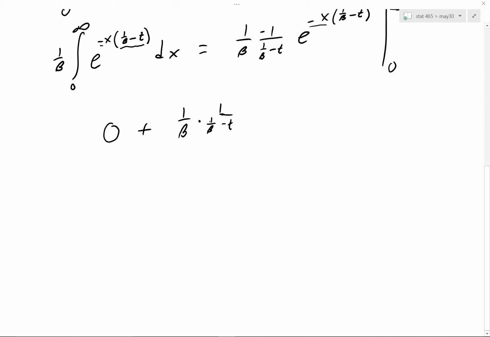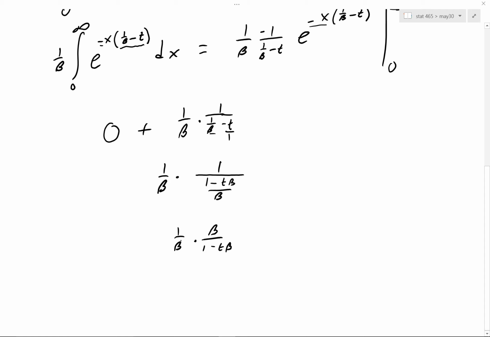There we go. Now, what would be really cool is if I could rewrite this and make it a little prettier. Down here on the bottom, this is t over 1. So if you were to get a common denominator on the bottom, it would be 1 minus t times beta over beta. And of course, that's going to be beta over 1 minus t times beta, times 1 over beta.